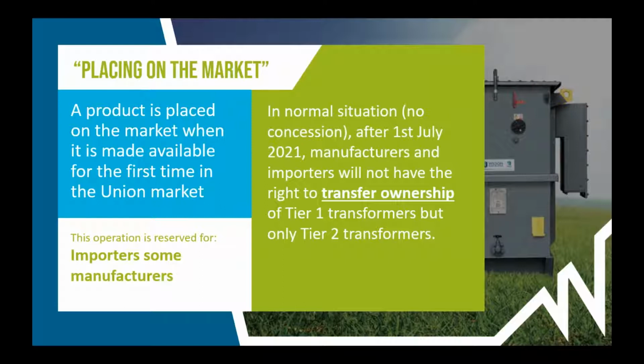In normal situations with no concession, after the 1st of July 2021, manufacturers and importers will not have the right to transfer ownership of Tier 1 transformers, but only Tier 2, even if the contract has been signed before that. And we will explain exactly what that means in a bit.